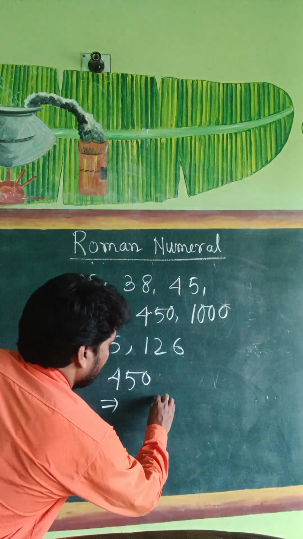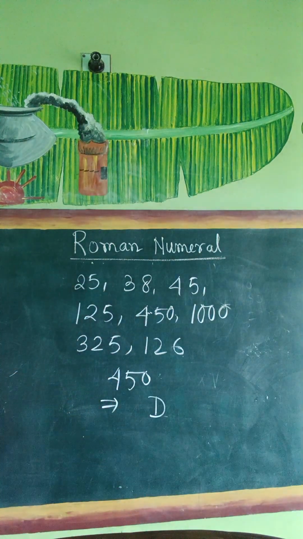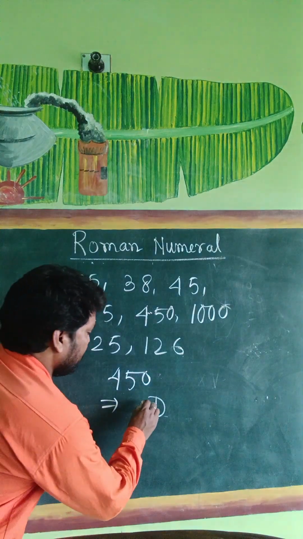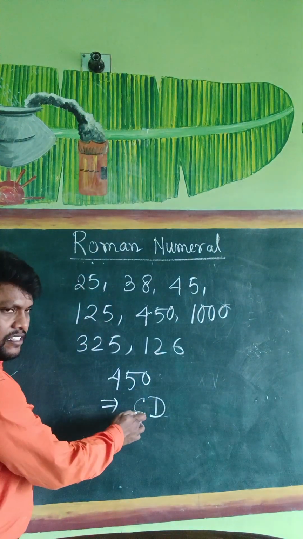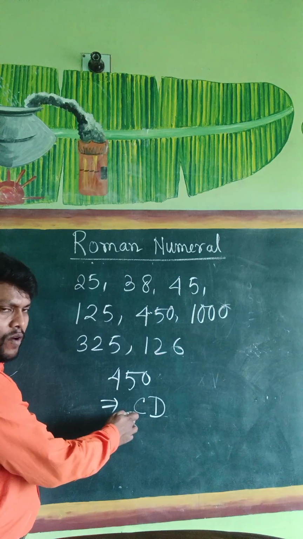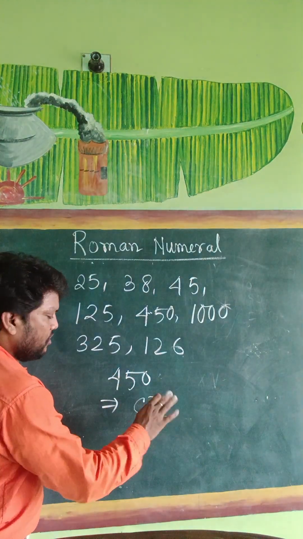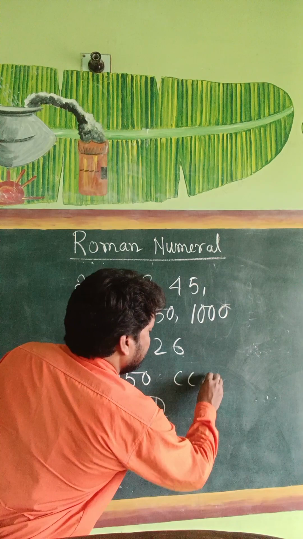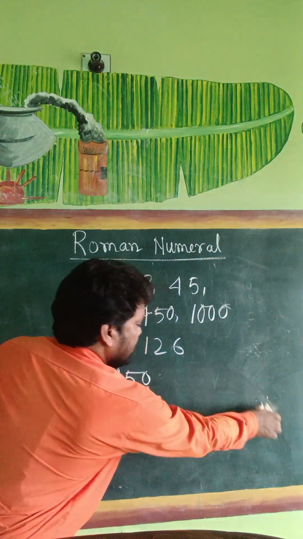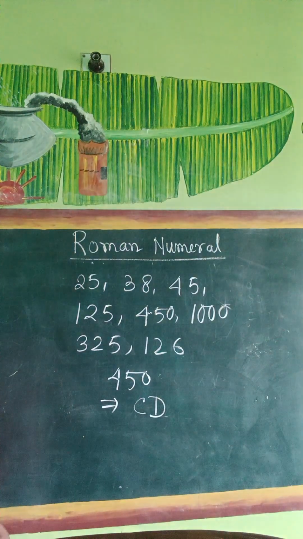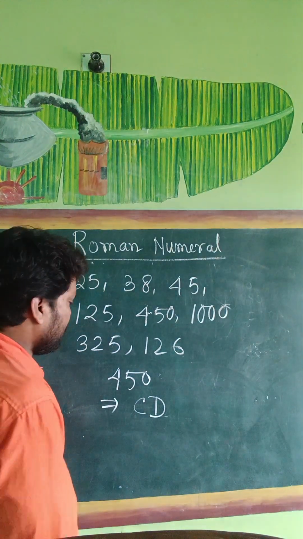So at first write 500, D. Now subtract 100, C. You cannot write CCCC for 400, because no Roman numeral can be repeated more than 3 times.